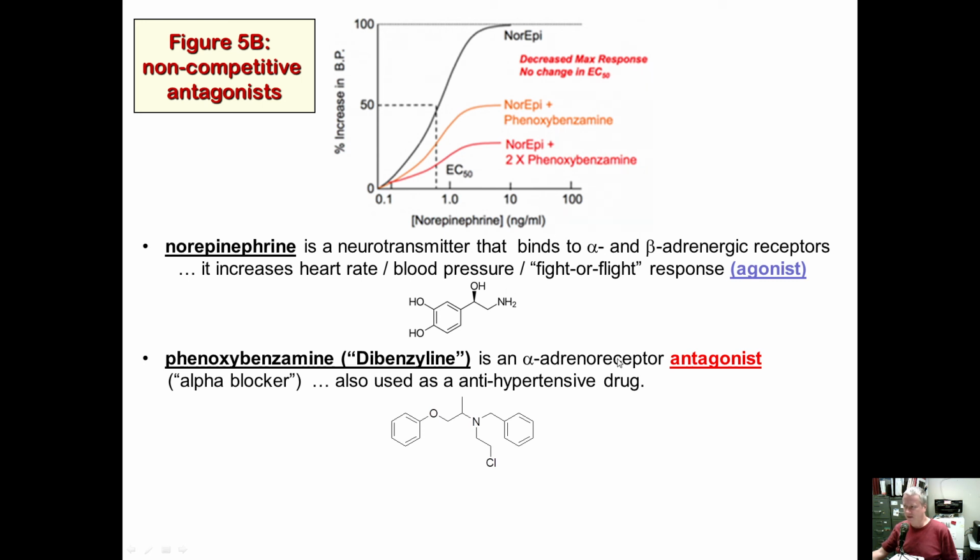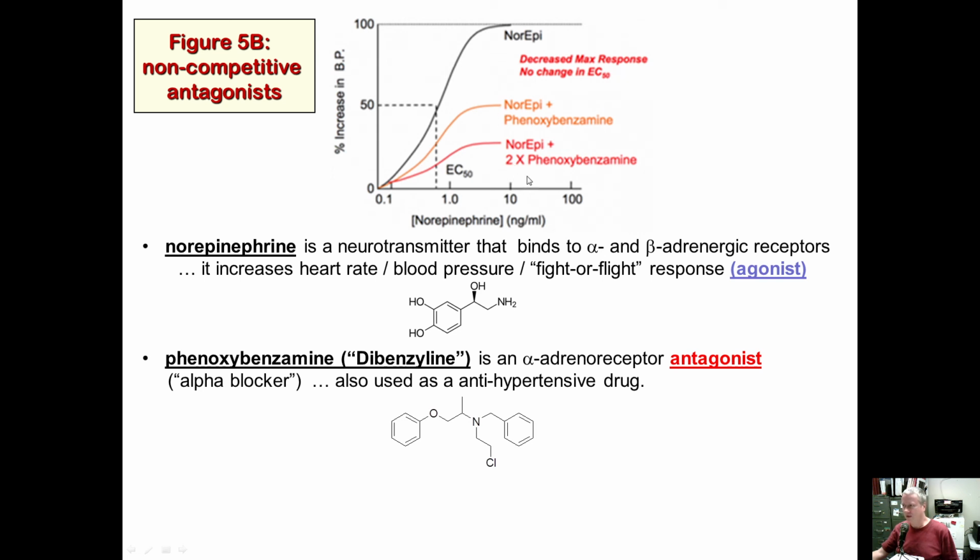non-competitive antagonist, we actually have the same EC50, but it basically maxes out at a different level, because when this stuff binds, as you'll see, it binds covalently, and when it does that, it's basically permanently blocking those receptors, and so it's just impossible to achieve the 100% increase anymore.